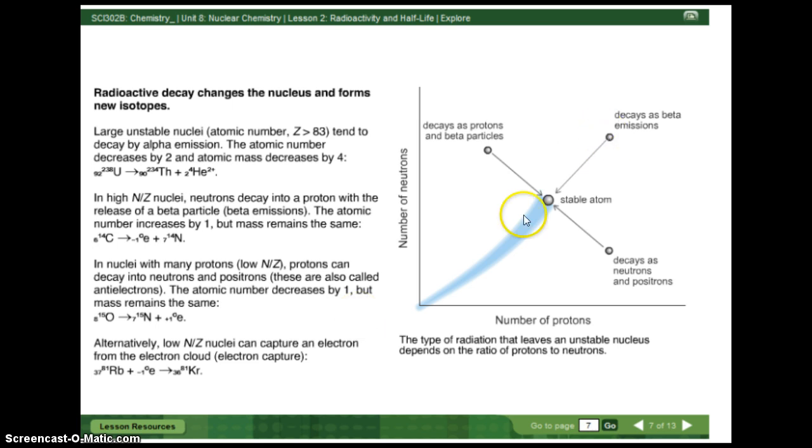And then that talks you through, well, decays as neutrons and positrons, or decays as protons and beta particles. The type of radiation that leaves an unstable nucleus depends on the ratio of protons to neutrons. So again, if you have too many protons, the protons are going to change into neutrons. Okay, if you have too many neutrons, then some of the neutrons are going to change or decay into protons.